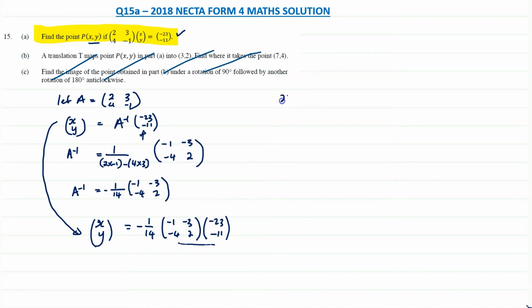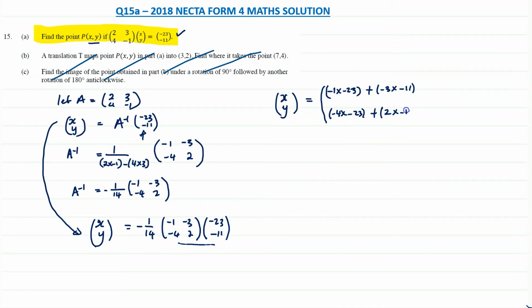So (x, y) is going to be equal to -1 times -23, then we add -3 times -11, and then for the next row, -4 times -23, and then we add 2 times -11.